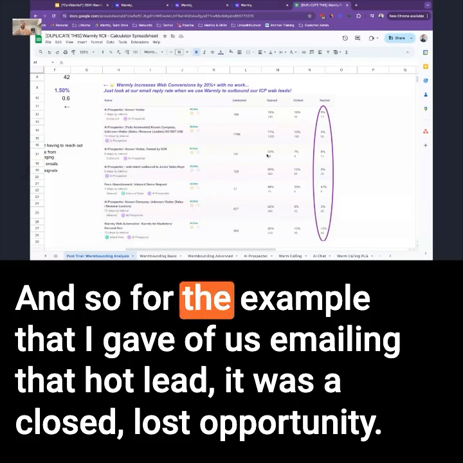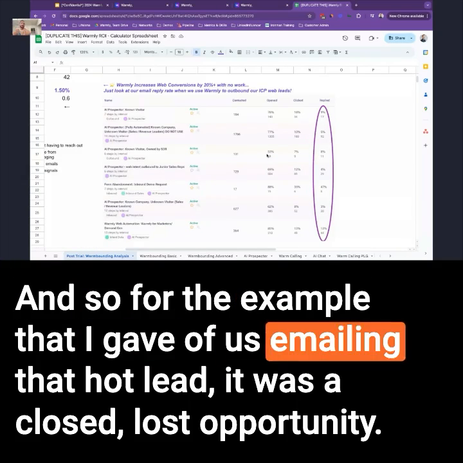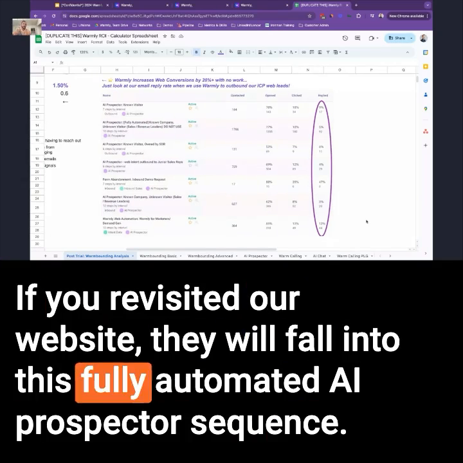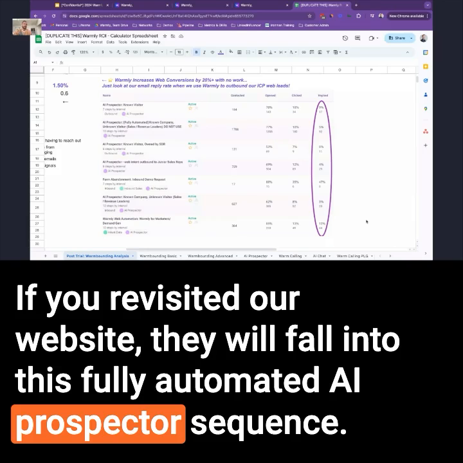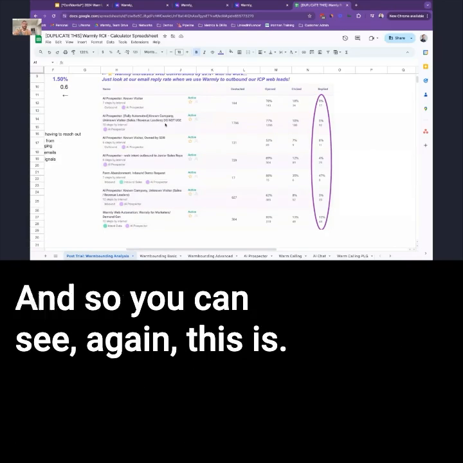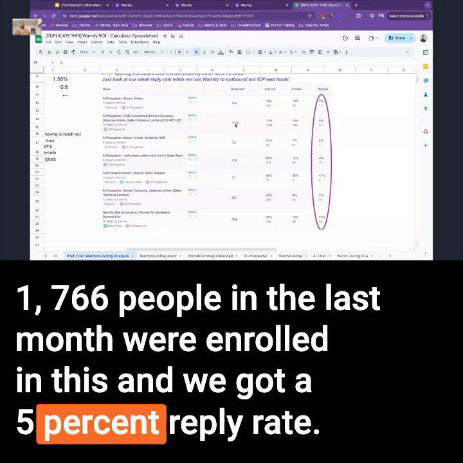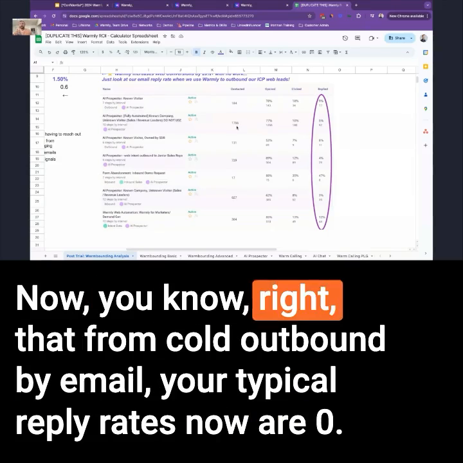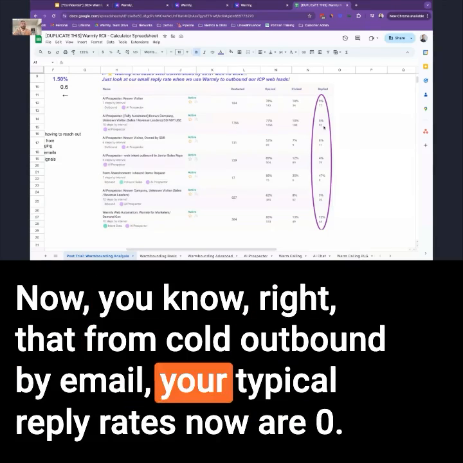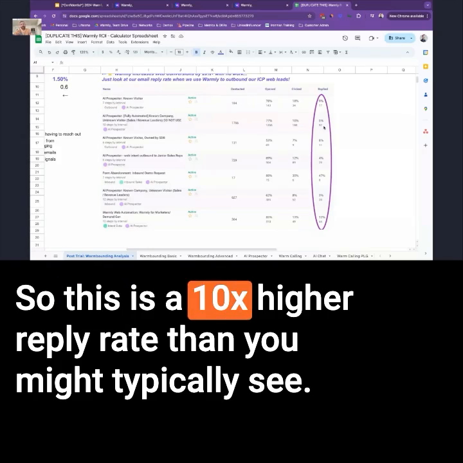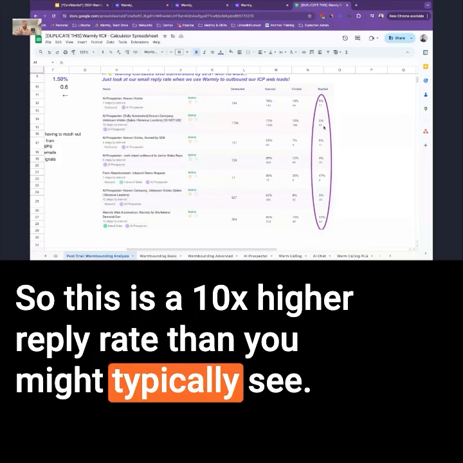For the example that I gave of us emailing that hot lead, a closed lost opportunity who revisited our website, they will fall into this fully automated AI prospector sequence. You can see 1,766 people in the last month were enrolled in this, and we got a 5% reply rate. Now, from cold outbound by email, your typical reply rates are 0.5%. So this is a 10x higher reply rate than you might typically see.